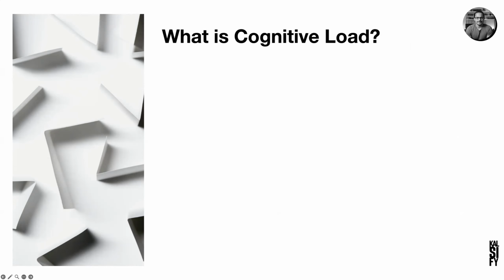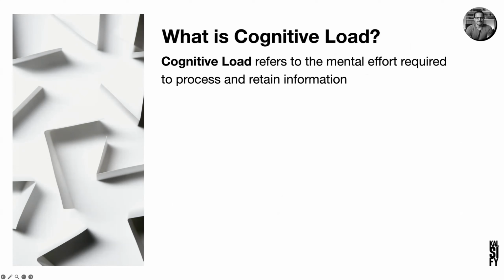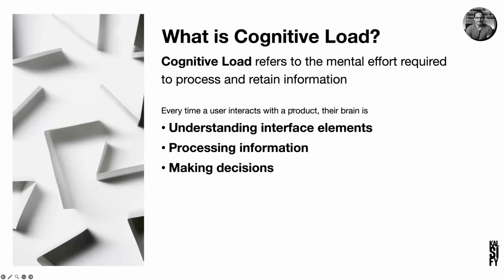Alright, let's get a bit geeky, but in a fun way. Cognitive load is a concept from psychology that explains how much mental effort is required to process and retain information. Every time a user interacts with a digital product, their brain is actively working to first understand the interface, then process information, and finally make decisions.